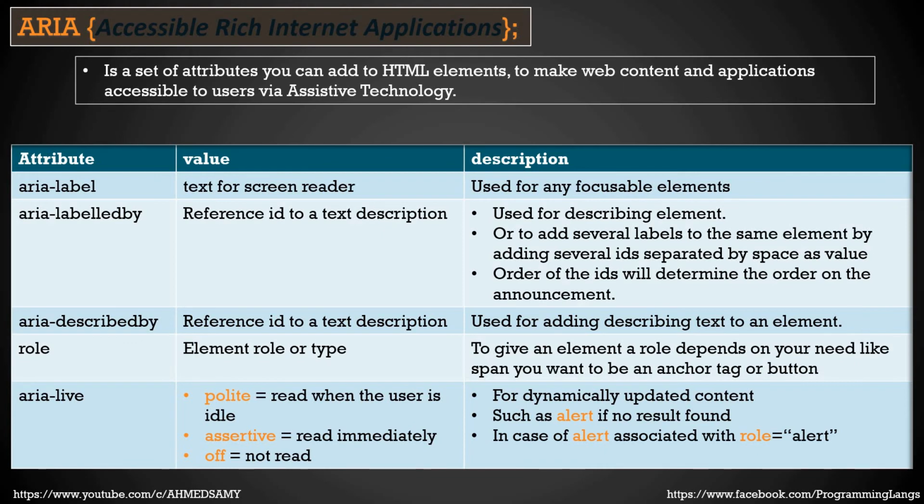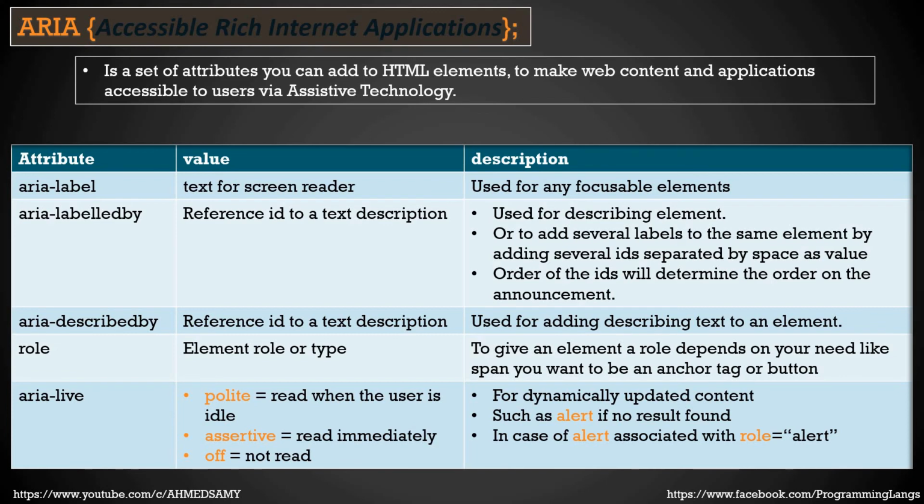Role is very important. Each element in the HTML language has a specific role or type. Button has a role or type of button. Anchor tag has a role of type link, and stuff like this. In some situations you want to give a specific role to an element which could be not the same role.